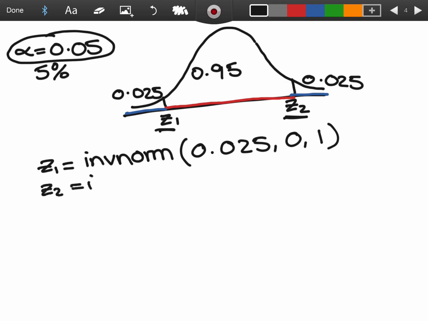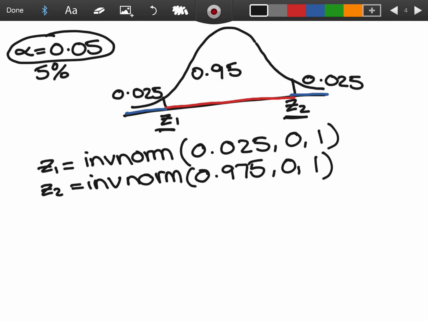For Z2, you do the same thing. Z2 should end up being the positive of Z1, sorry. Z1 should be negative, Z2 should be positive, but they should have the same numerical value because this thing is symmetric. So Z2 would be inverse norm of the area to the left, which is 0.975, mean is 0, standard deviation is 1.